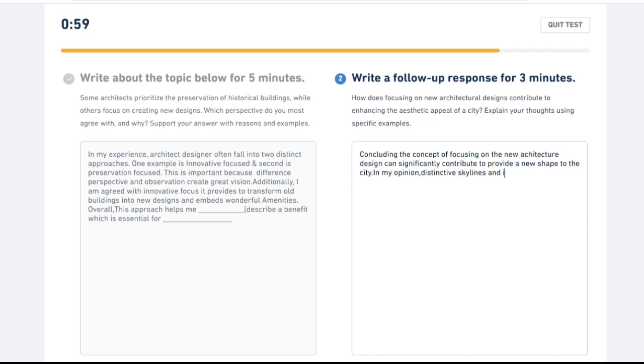So you will get three describe an image tasks, then 5 minutes for the first topic, and 3 minutes for the follow-up. Then the total task is complete. I'm explaining again and again: please proofread, and now you will get your solid answer and response.